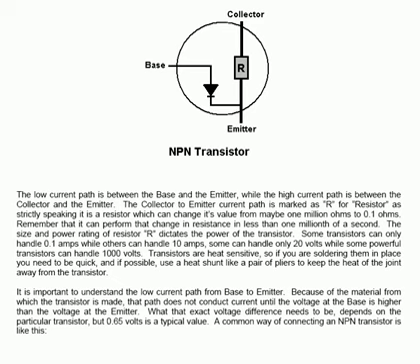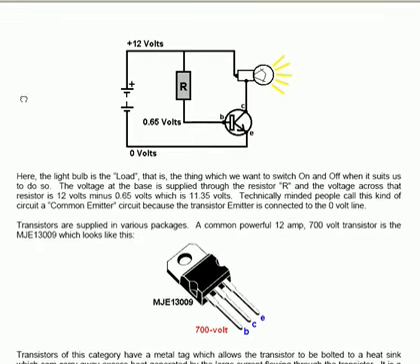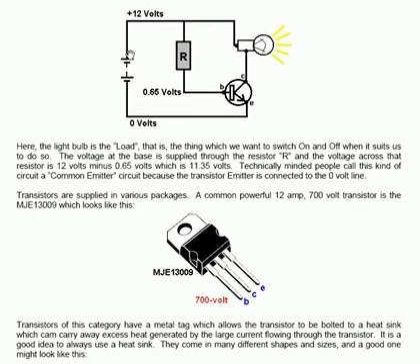A common way of connecting NPN transistors is like this. You have a power supply, which is shown as a battery here, giving 12 volts and 0 volts. The 12 volts runs through a load, which is in actual fact a light bulb, down through the collector and the high current path through to the emitter and back to the battery.